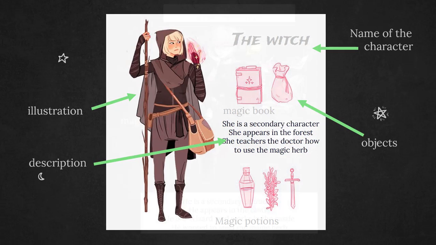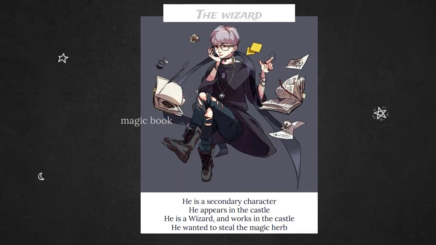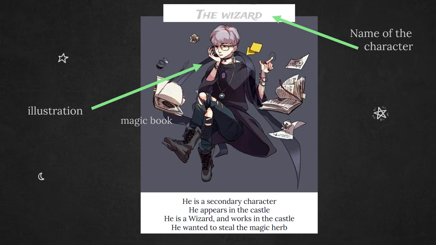Okay, let's see another example. For example, the wizard. So, it has name of the character, it has an illustration, it has a description that says, he's a secondary character, he appears in the castle, he is a wizard, and works in the castle.